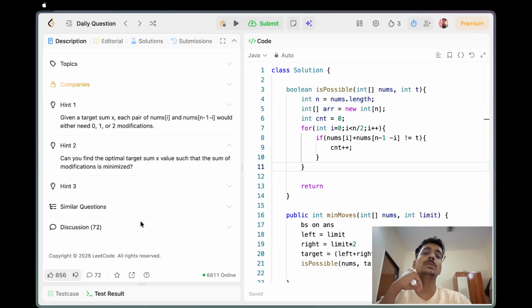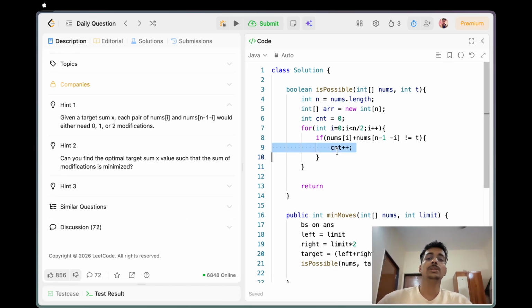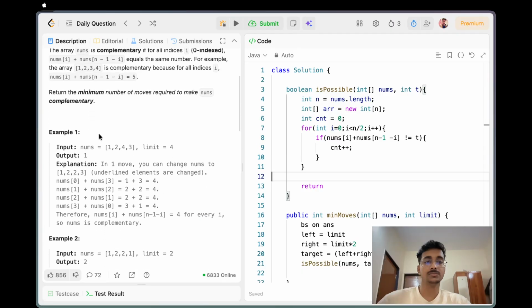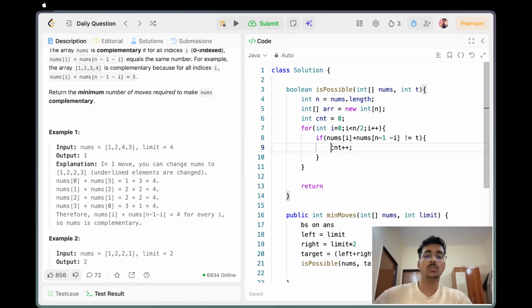The count should be minimized. I'm doing the same thing actually. Count should be plus plus, and now think how many times it will occur. So for 6 its count is 0, right? But I'm not able to figure out how I will move.